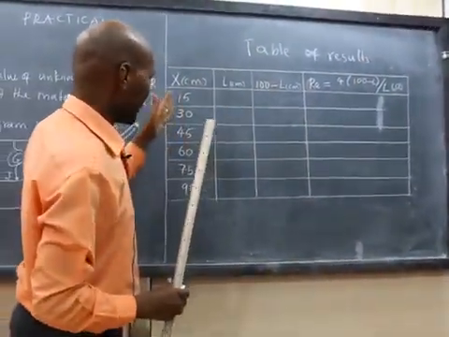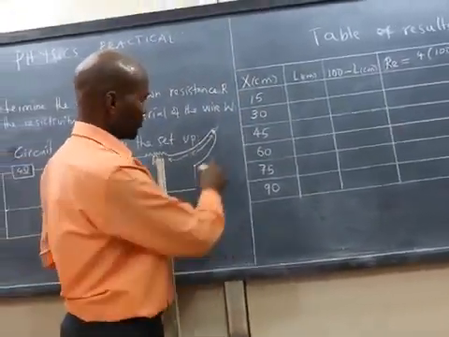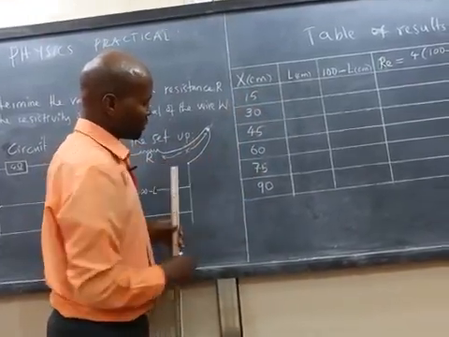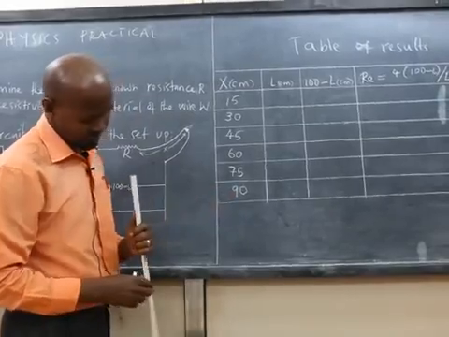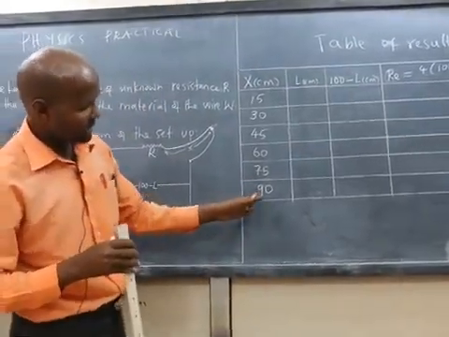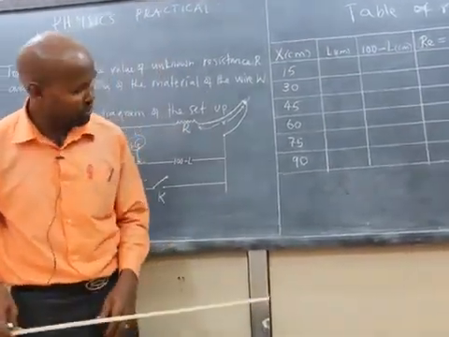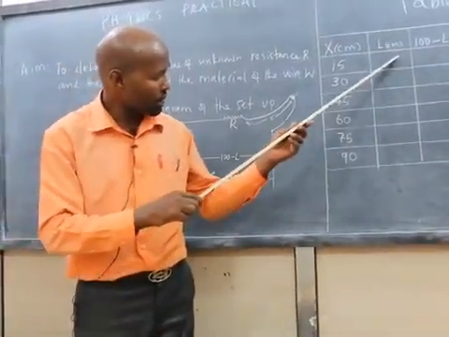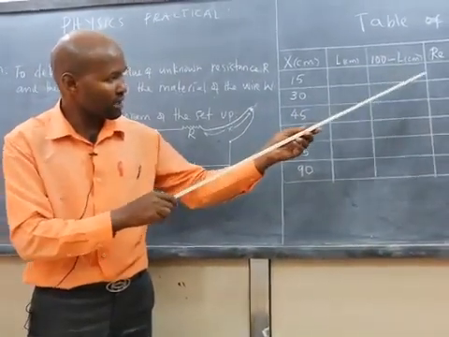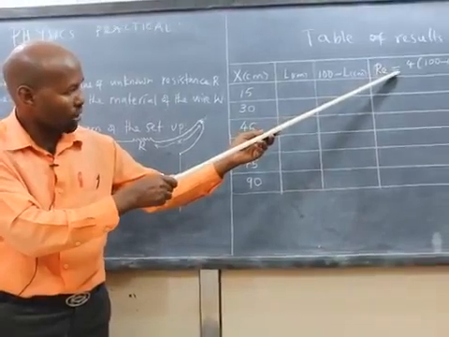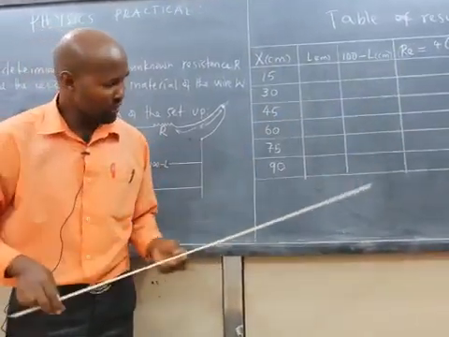We'll be recording the length X of the wire, starting at 15 centimeter, 30, 45, 60, 75. The last length for X will be 90 centimeter. For each value of X, we'll be finding a balance point and recording the value of L here, and that's 100 minus L. Then we find an equivalent resistor in this column. I'll show you later how to calculate this equivalent resistor.